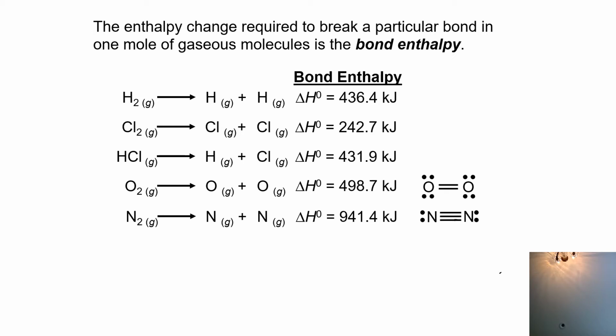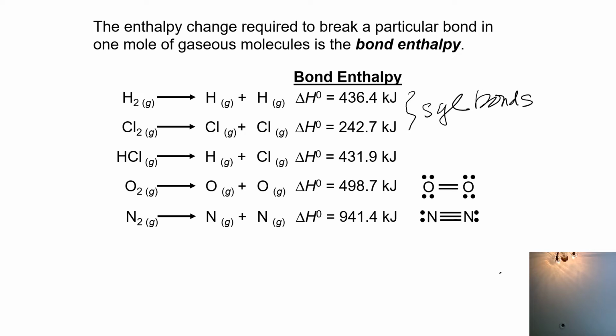H2, Cl2, here we're breaking one single bond in both of these molecules. HCl, we're breaking an H to Cl bond. This is a covalent molecule. Of course, the others are too. O2, let me point out, these two have single bonds.